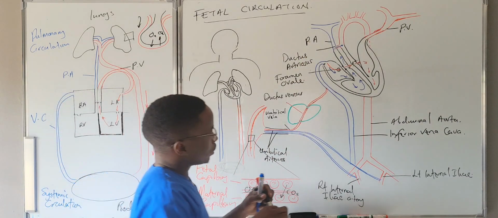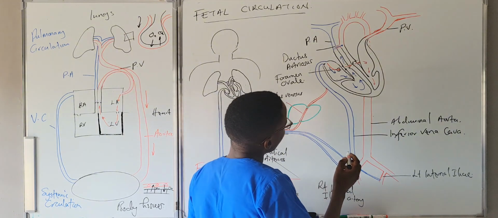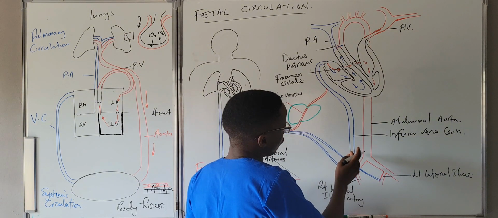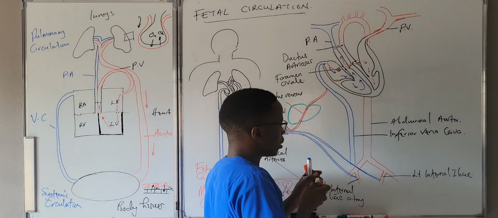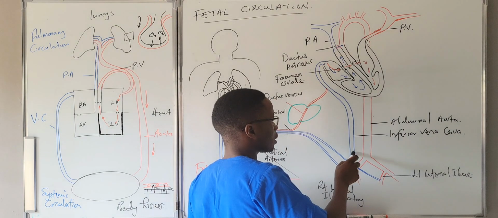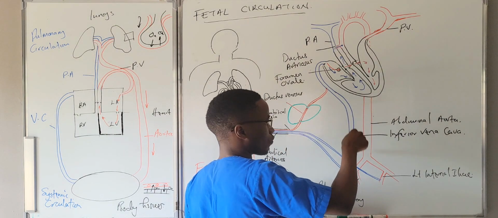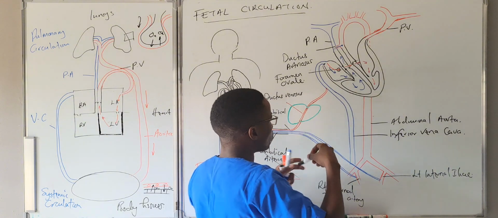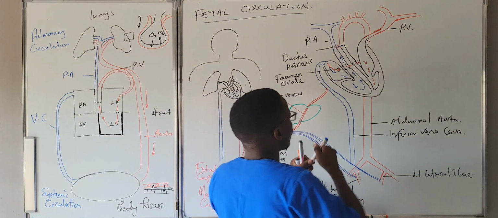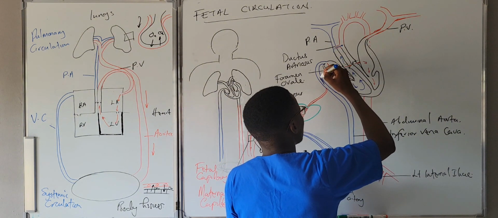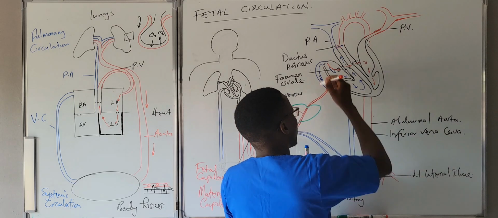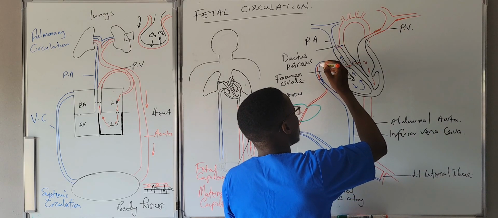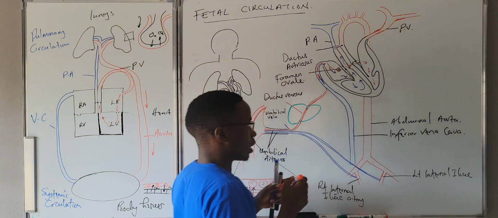Now, let's look at this. Remember, the vena cava is carrying the deoxygenated blood that is coming from the upper part of the body. So at this point, it means that we are going to have a mixture of oxygenated blood and deoxygenated blood within the vena cava.